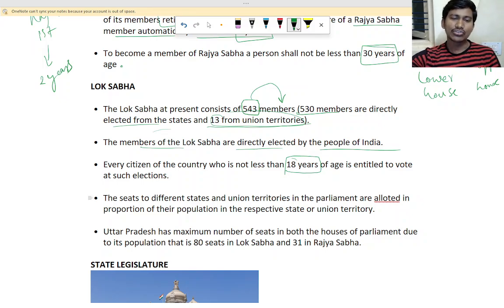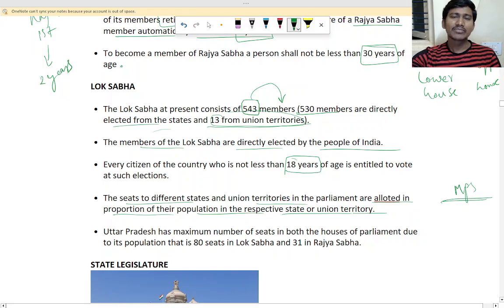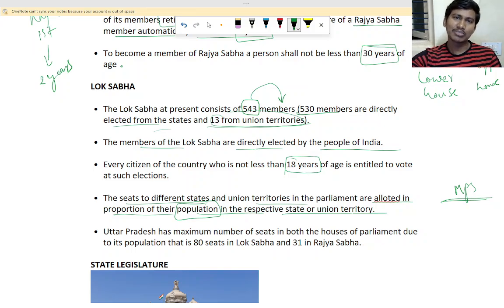The seats for different states and union territories in the parliament are allotted in proportion to their population. So MPs will depend on the population. If the population is more in a state, the MPs will also be more.